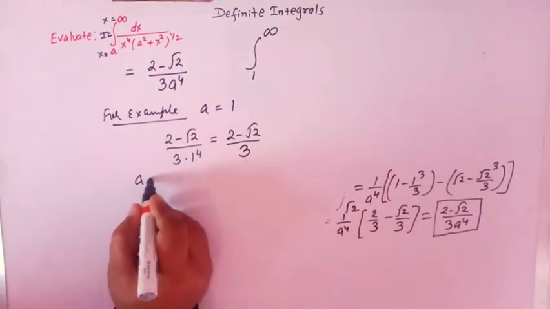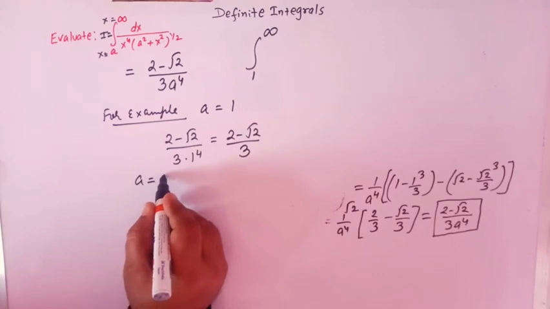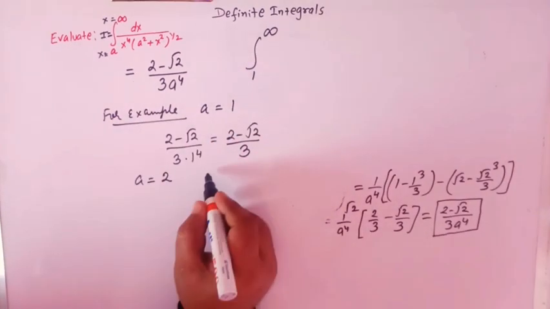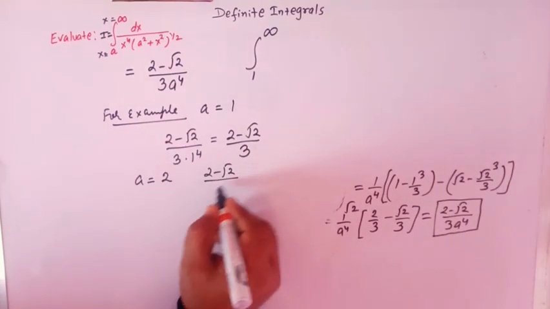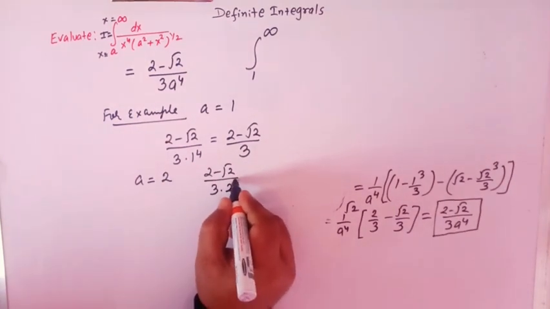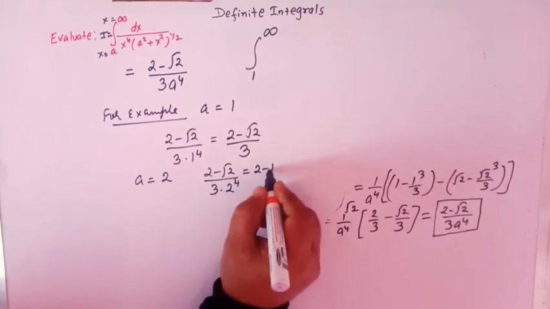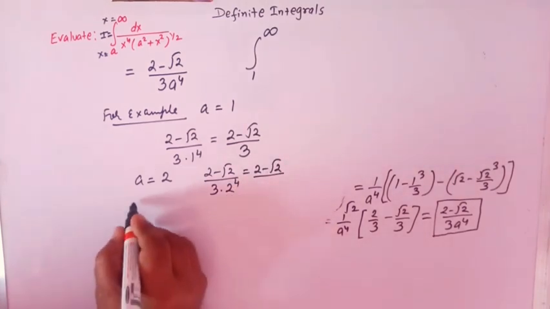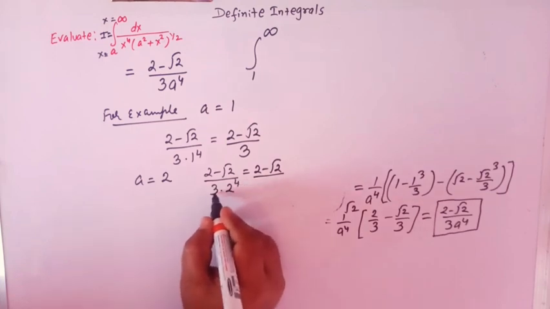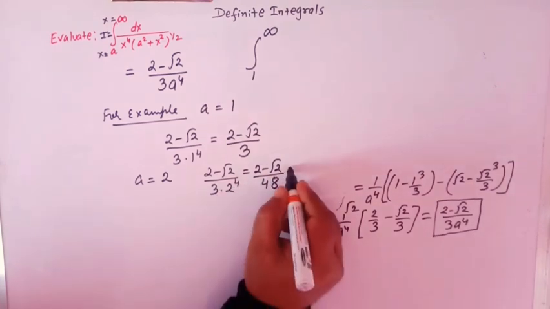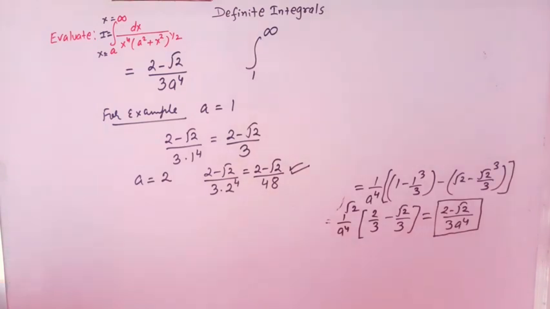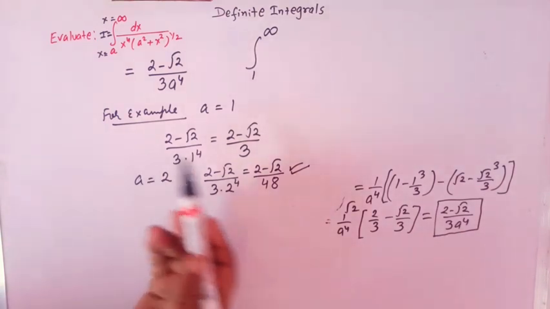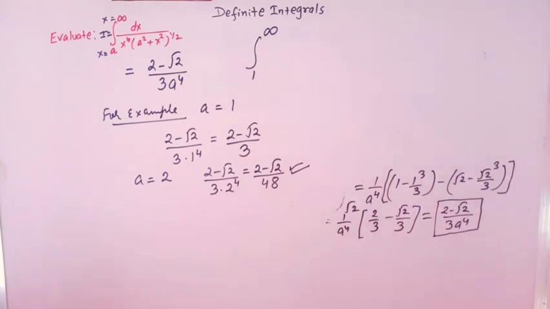And similarly, if we have a is equal to say 2, then we can write this result as 2 minus root 2 over 3 times 2 raised to 4. So we have 2 minus root 2, and 2 raised to 4 is 16, and 16 3s are 48, right? So in that case we have this result. So similarly, we can assign any value to a except 0, and we can deduce different results.